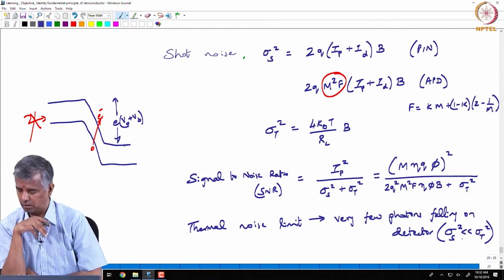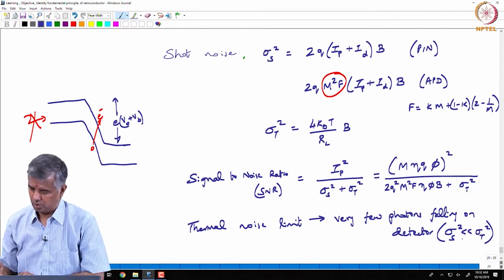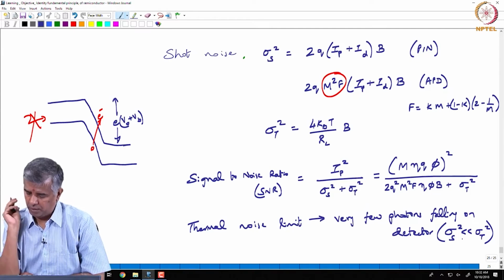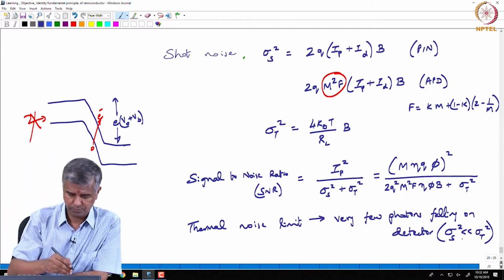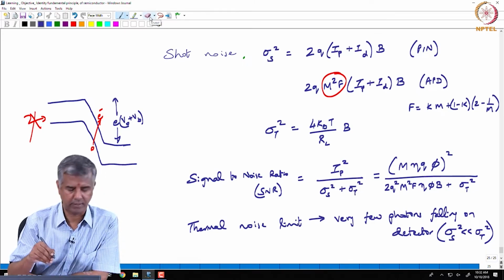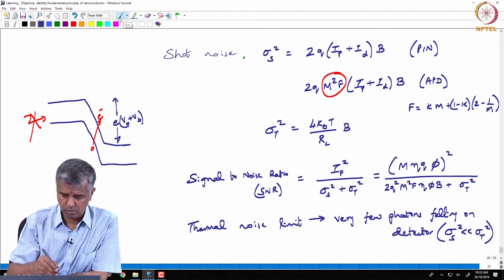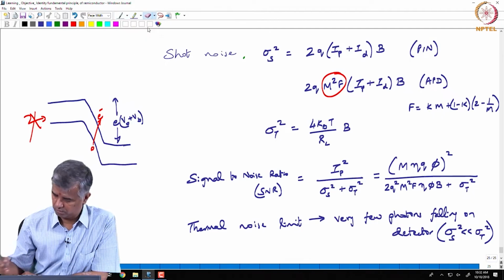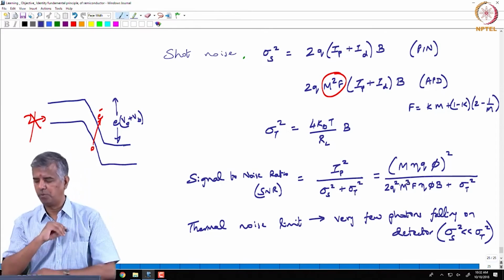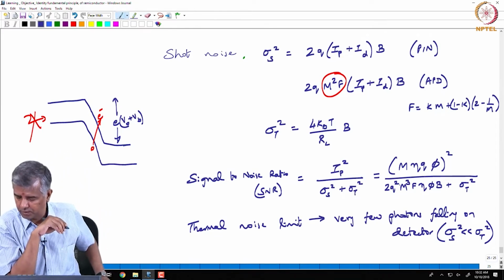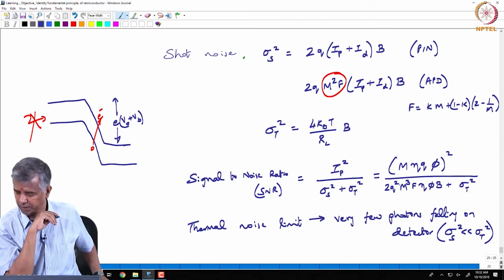So yes, I_P will have M cube, that is right. We are neglecting dark current. So let us see if we can erase this. Thanks for pointing out. So, this should be M cube here, there is an extra M that comes about through I_P.